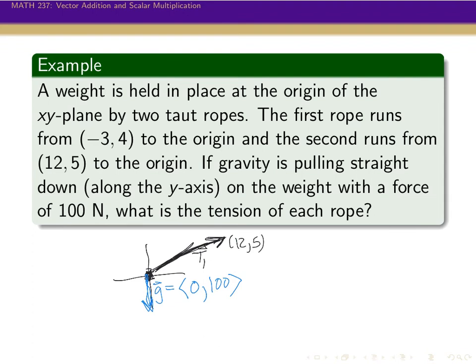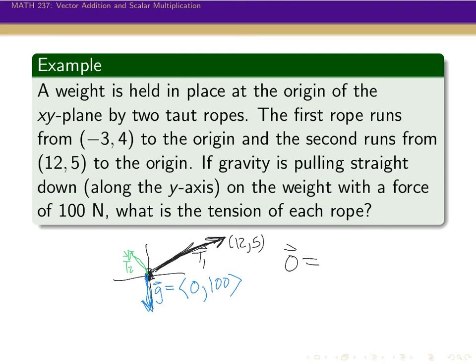The other one is going to -3,4. Let's call this T2. Okay. And so since the weight is being held in place, it's not moving at all, that means that the total force on the object must be 0.